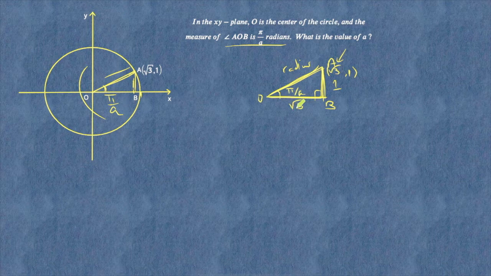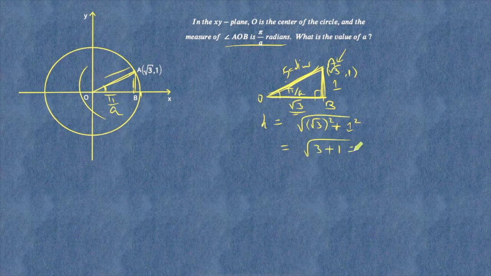So now we need to find the radius, which is here, and that is the radius and also the hypotenuse of the right angle triangle. So we can use the Pythagoras theorem to solve this problem. So hypotenuse h equals square root of this side 1 square plus side 2 square, which will be equal to square root of 3 plus 1, which is equal to square root of 4, that's equal to 2.